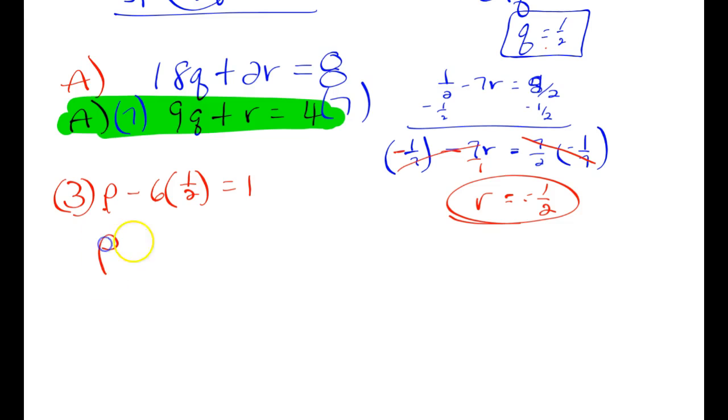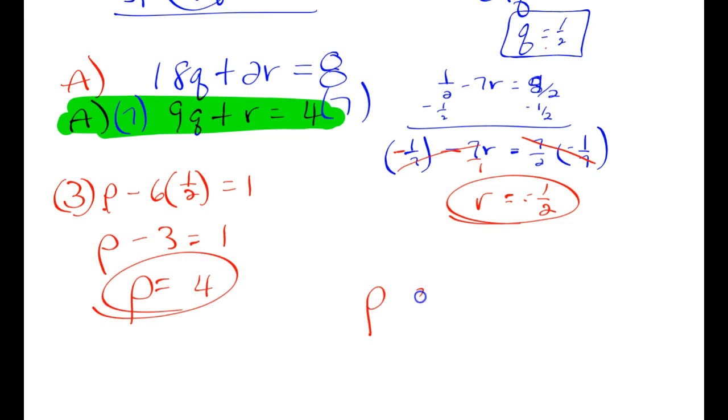So P minus 3 equals 1. So P is 4. And then I would probably say P, Q, R, alphabetical is the answer. So P is 4, Q is a half, and R is, what was R? I think R was a negative 1/2, right?